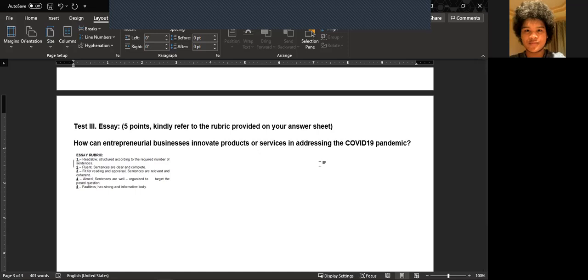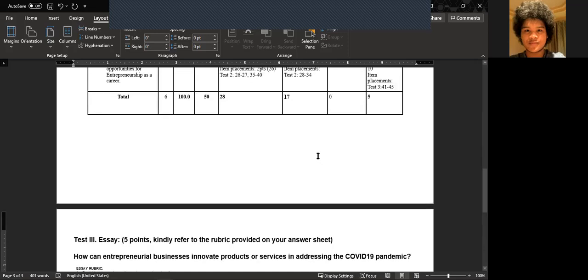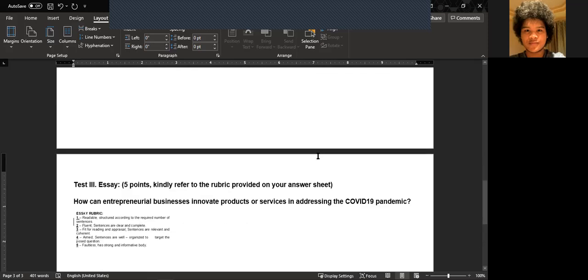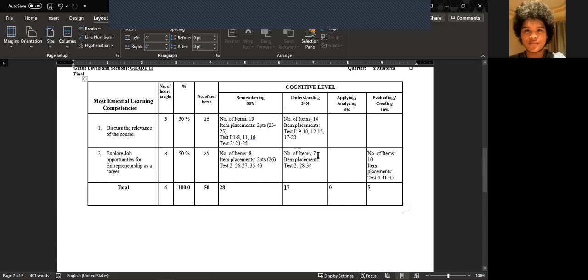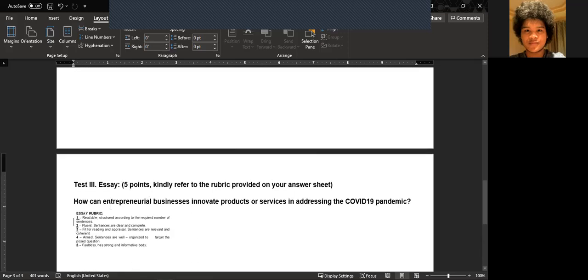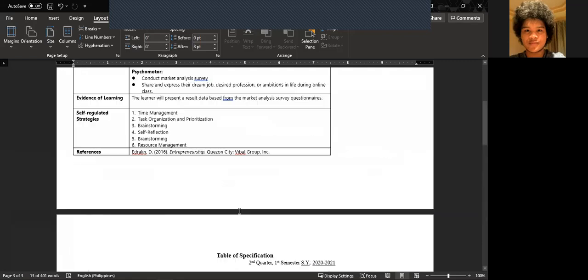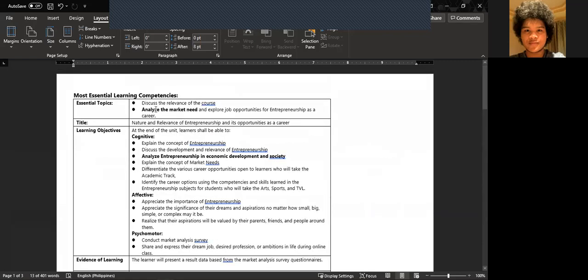Now, in this question, we don't only require students to analyze a business in COVID-19, but we are requiring them to evaluate how entrepreneurial businesses provide innovative products or services in addressing the COVID-19 pandemic. Now, how is this question related to the most essential learning competency? We look here at analyze the market need.